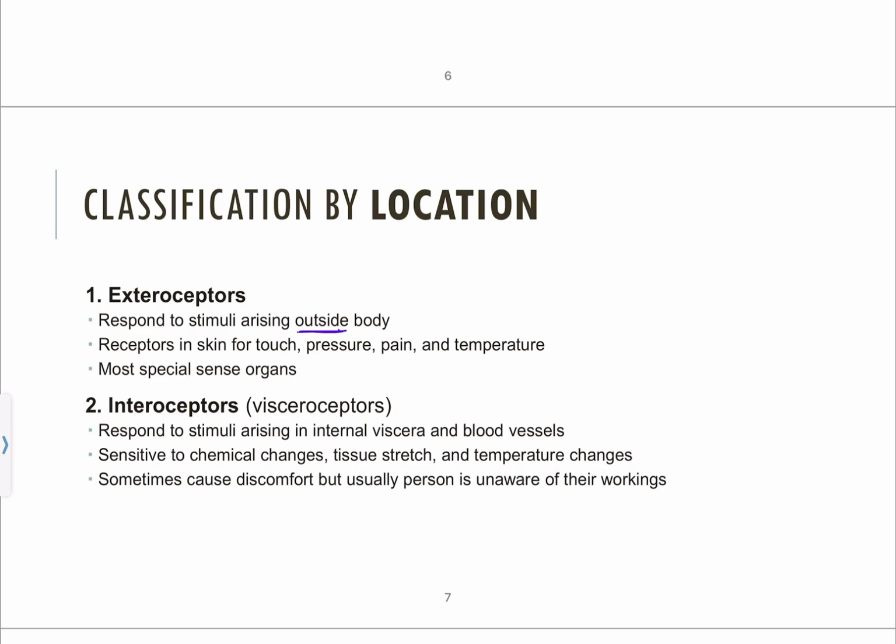So things like our internal viscera that we talked about, blood vessels, also chemical changes, stretch in our tissue, or temperature changes within our body itself. Sometimes they can cause discomfort, but usually the person is unaware of their workings. If we're talking about causing discomfort, something like thirst, so if we have low blood volume, that would make us thirsty, and that would be sensed by an enteroreceptor.